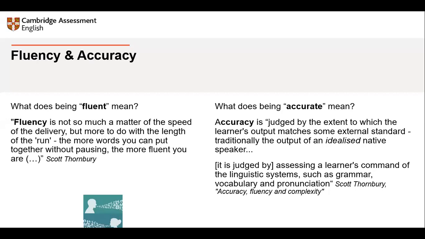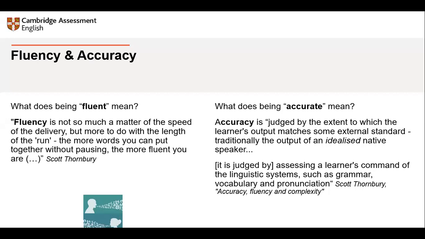And when you're talking about accuracy, according to Thornbury, it's judged by the extent to which the learner's production matches some sort of external standard. The traditional view was the output of an idealized native speaker, but it's judged by assessing a learner's command of linguistic systems.